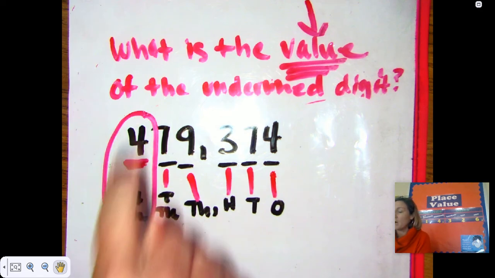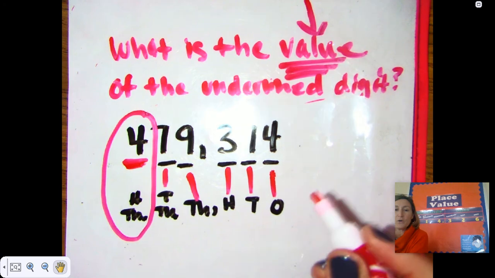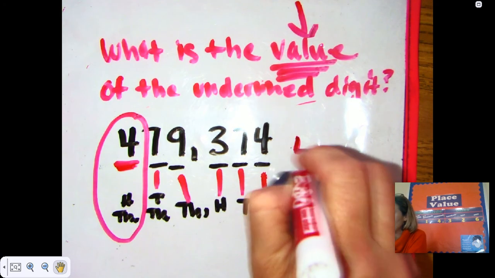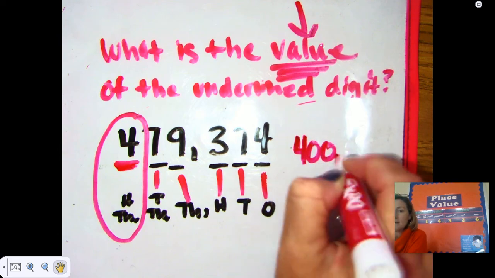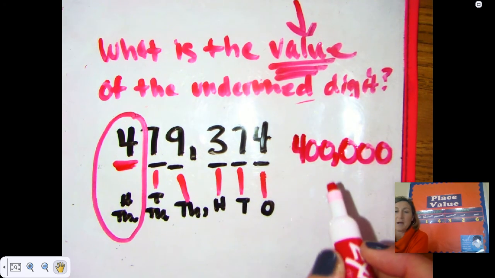So 400,000s. Let's think about money. If I gave you 4 $100,000 bills, how much would the value be? 100,000, 200,000, 300,000, 400,000. So if I gave you 4 $100,000 bills, the value would be 400,000.